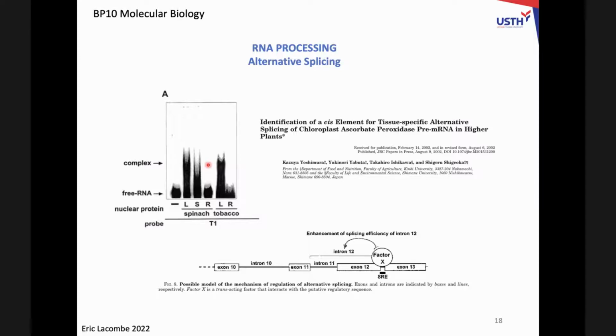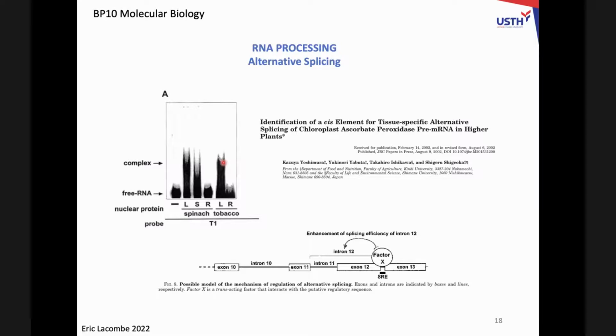So I can see that there is no protein complex that can bind to this SRE RNA in the root tissue, but there is a certain kind of protein in the leaves and the stem. Therefore, there exists an element that can affect the tissue-specific alternative splicing.